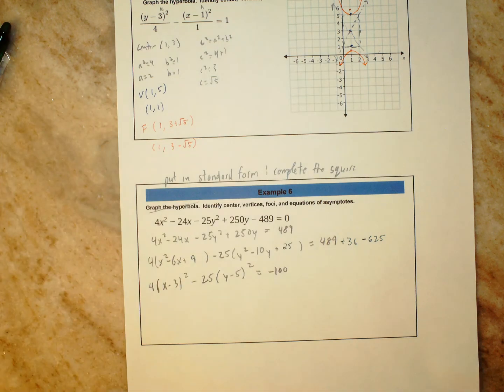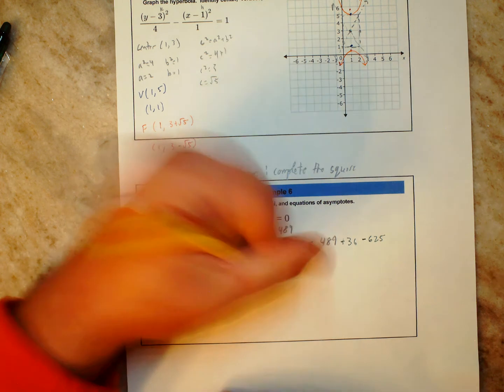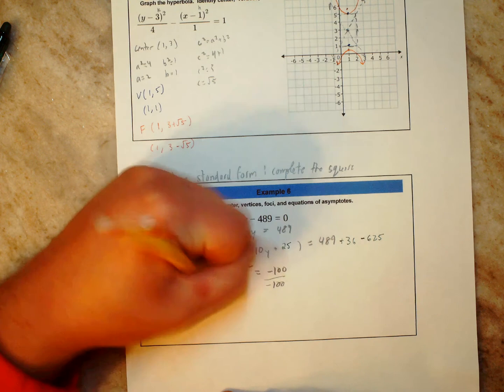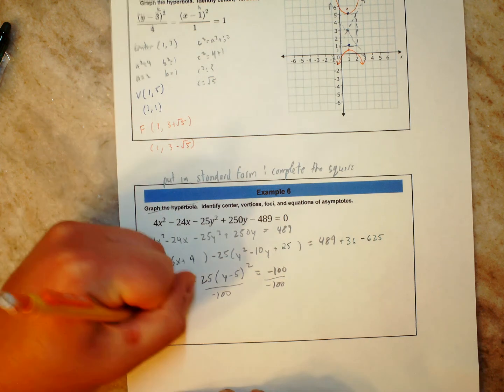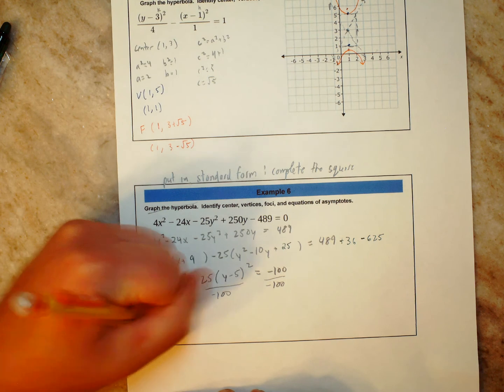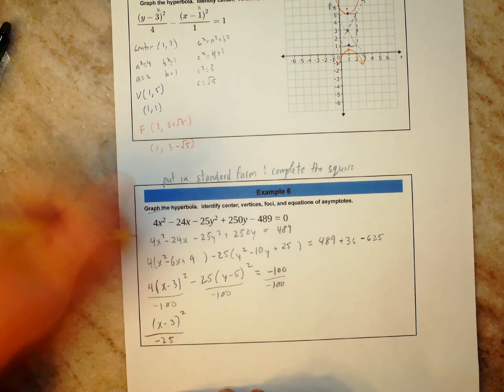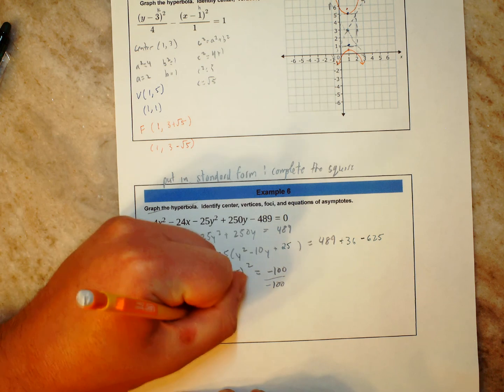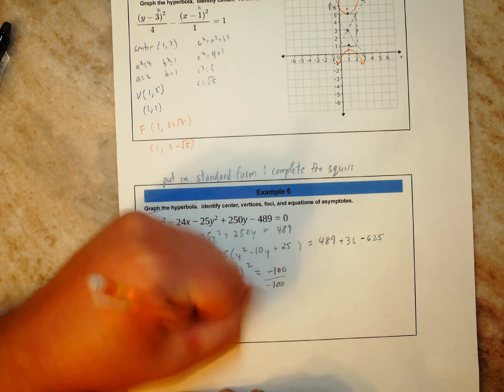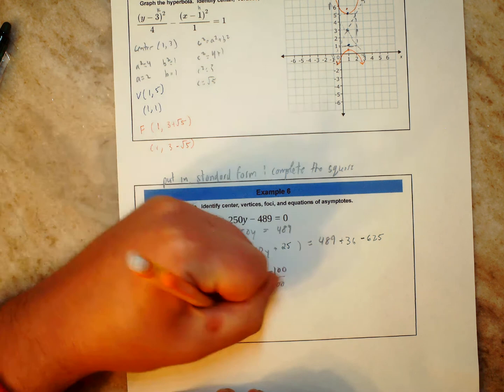Now the last thing we need to do is we need to get it equal to 1. So we're going to divide everything by negative 100. And that's going to give me x minus 3 squared over negative 25 plus y minus 5 squared over 4 equals 1.